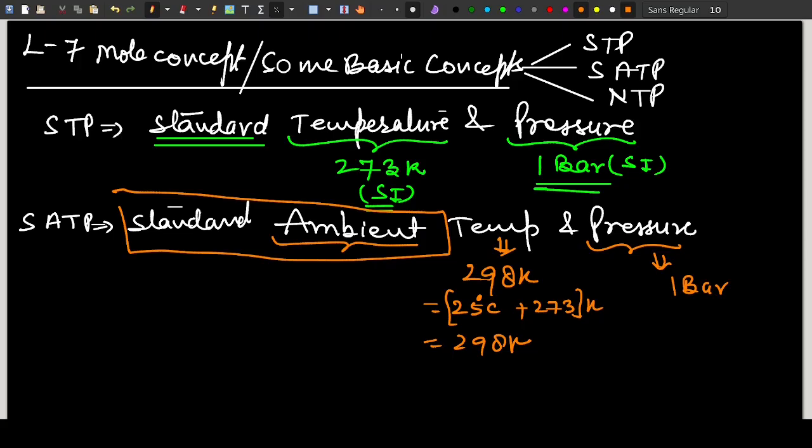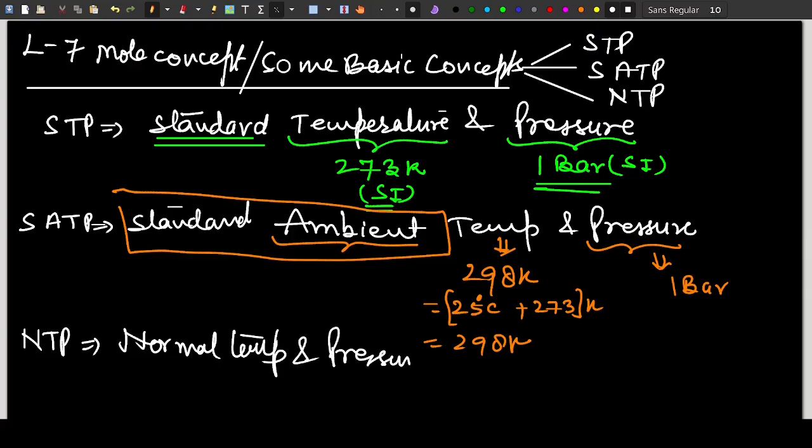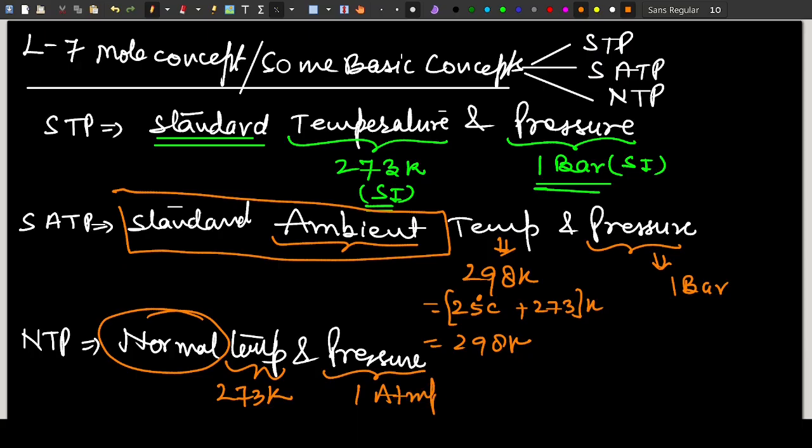Now friends, at the same time we also study NTP. It is normal temperature and pressure. Here the temperature is the same, 273 Kelvin, but the normal pressure we take is 1 atmosphere.